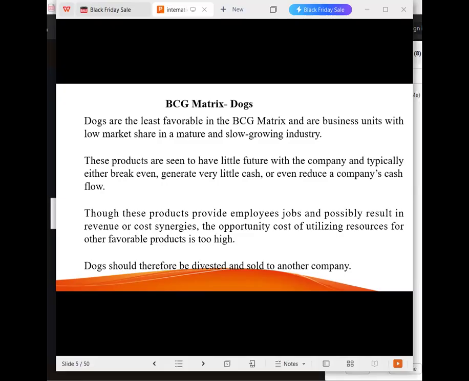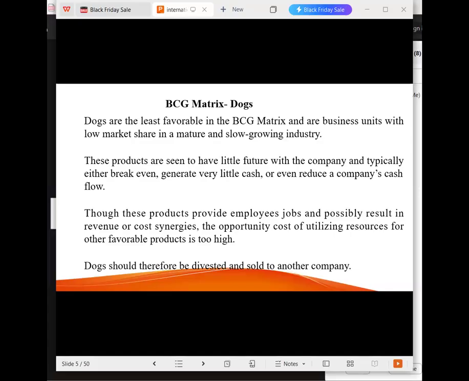So most times one can try to reduce investment, because dog is not a place where one will increase investment. One just has to reduce investment, then be strategic. There are some companies that still want to maintain that position, that market share, so let them keep servicing those companies.